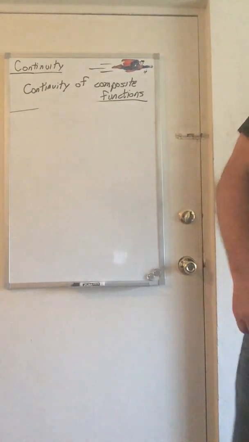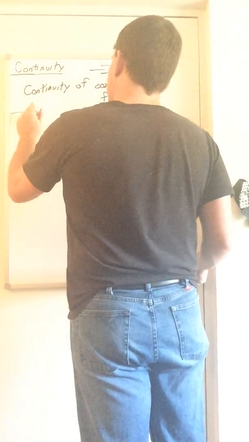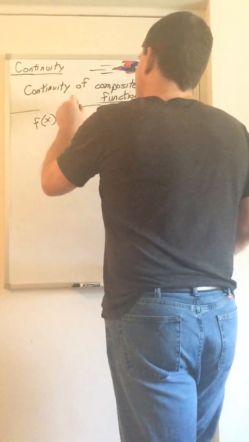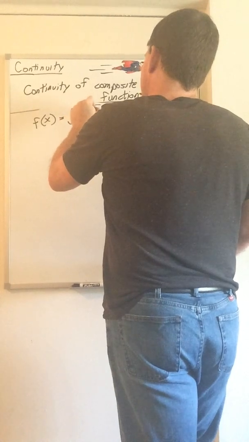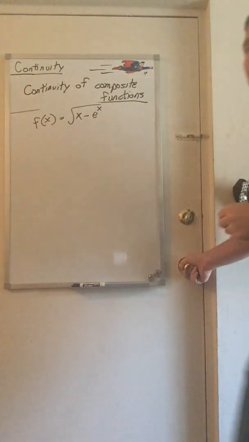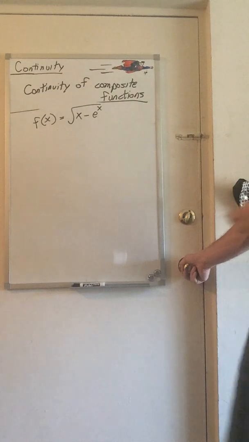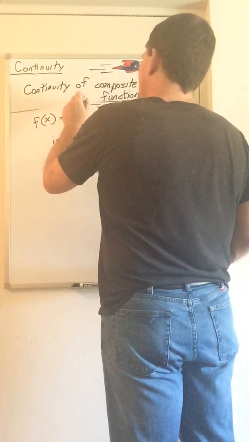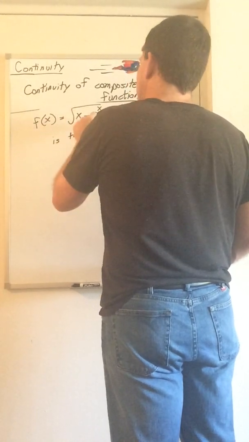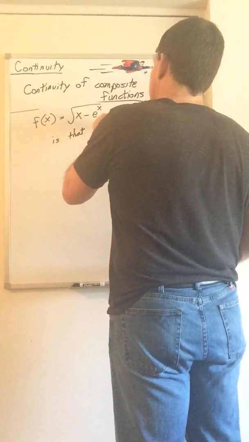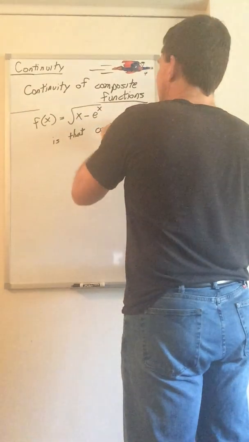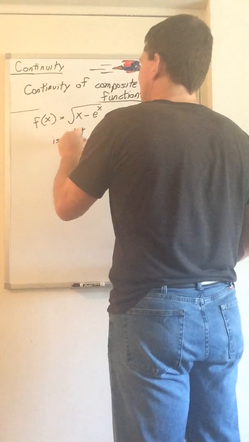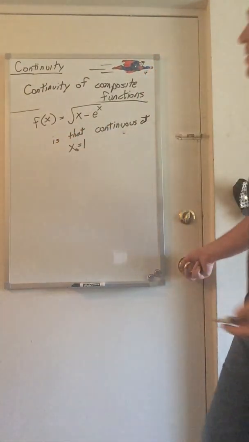So suppose I have, I'll just make it up, f of x equals the square root of x minus e to the x. And we'll just say, is that continuous at x sub 0 equals 1, just so we can distinguish all my letters here.